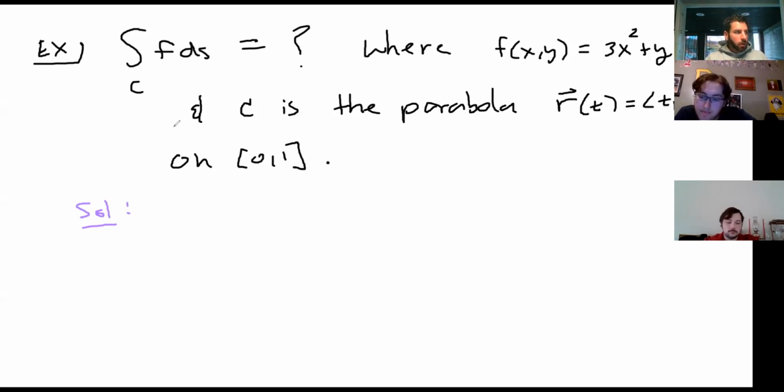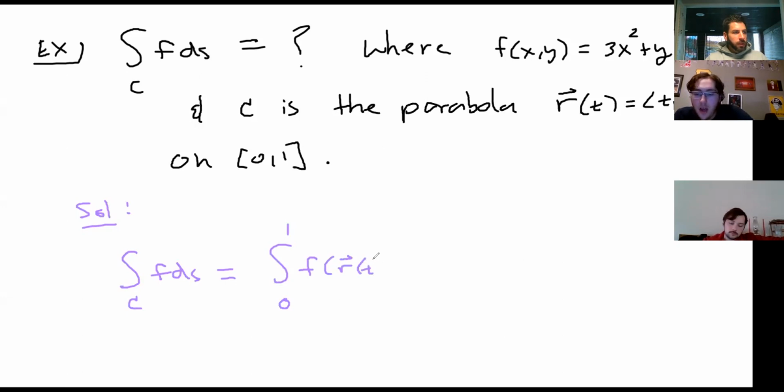So here's what we know. We know that this, by definition, is the integral. Where are we integrating? We're integrating from 0 to 1. We're integrating f, and we're evaluating at r of t. And then we're taking the length of the derivative of t dt.